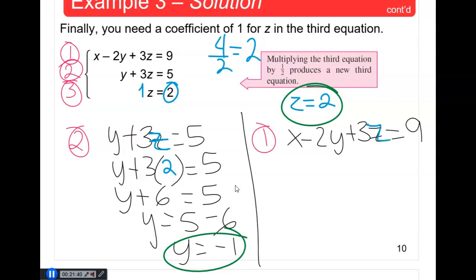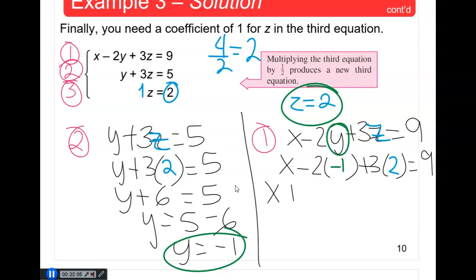So x minus 2, the y value is a -1, and then we have plus 3 times 2, and then we have equals 9.